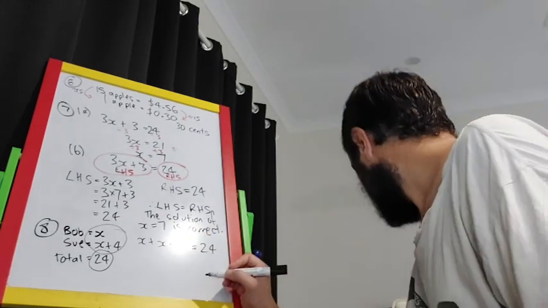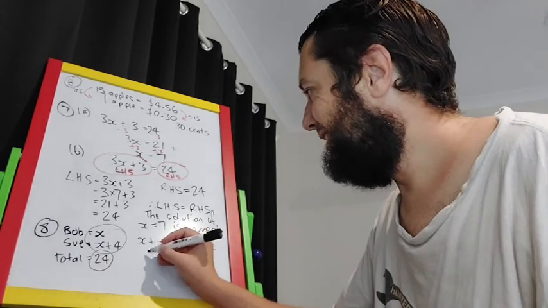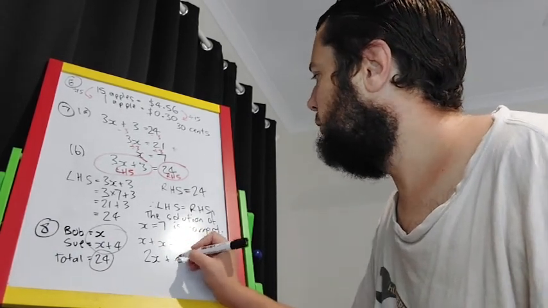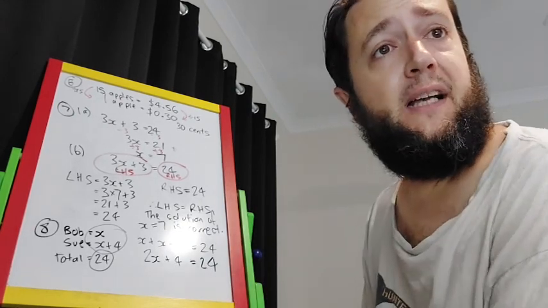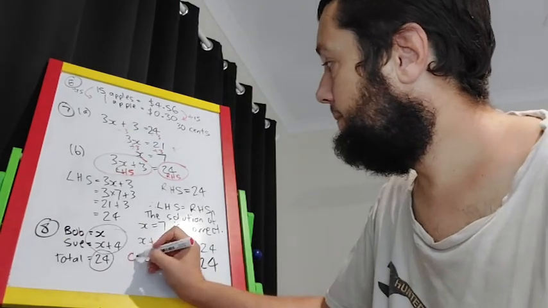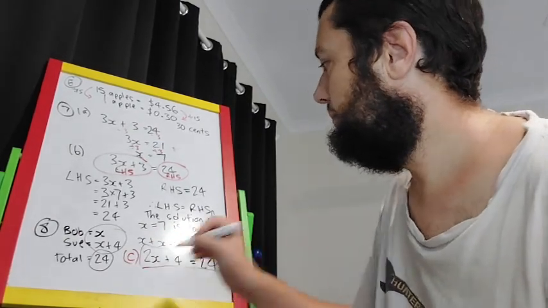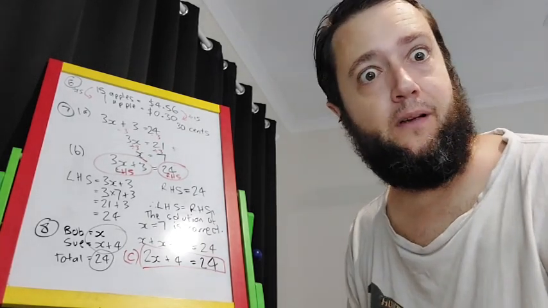What's one lot of X plus one lot of X? 2 lots of X. So we get 2x plus 4 is 28. Which one's that? C. So the answer is C, 2x plus 4 equals 28. All right, I'll be back.